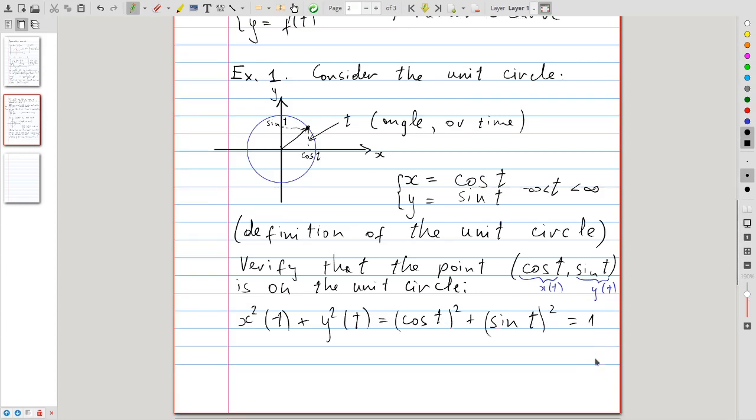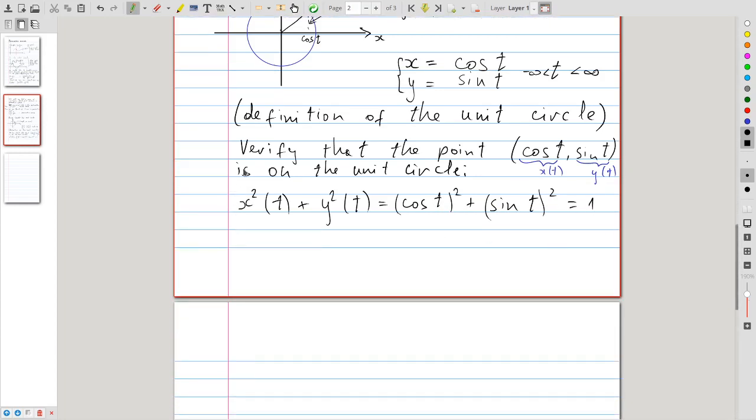In other words, we have just verified that if we take any point x, y where x and y depend on t in this fashion, then we have x squared plus y squared equals 1. And this of course is the equation of the unit circle.